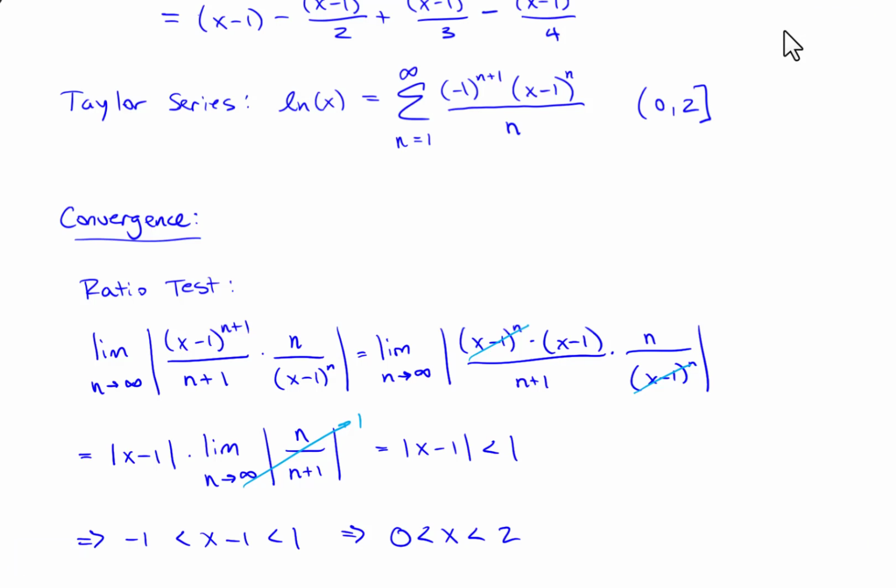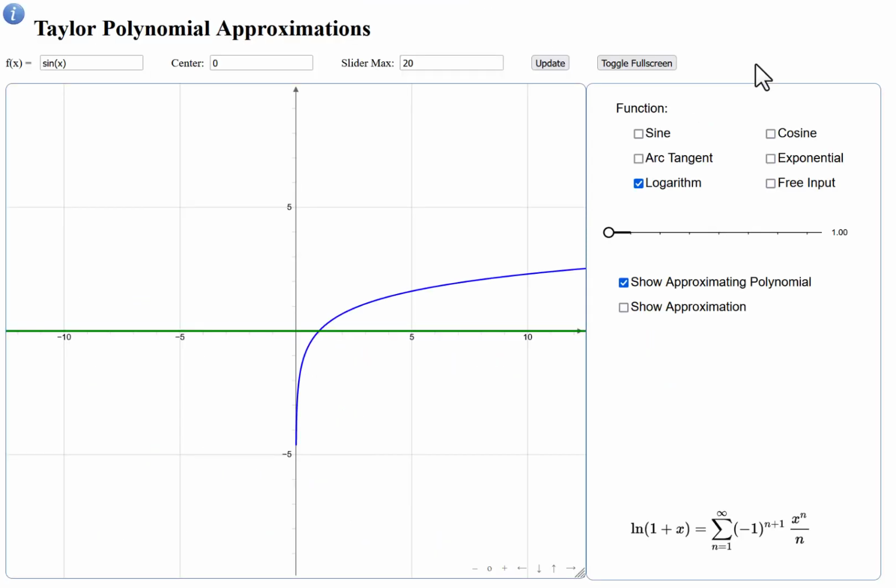So now I want to take a look at this and just make sure we have a full visual understanding of what we just learned here. So let me pull that up. Okay, so I have here the curve in blue is, of course, the natural log function. And then the green line here is the first order approximation.